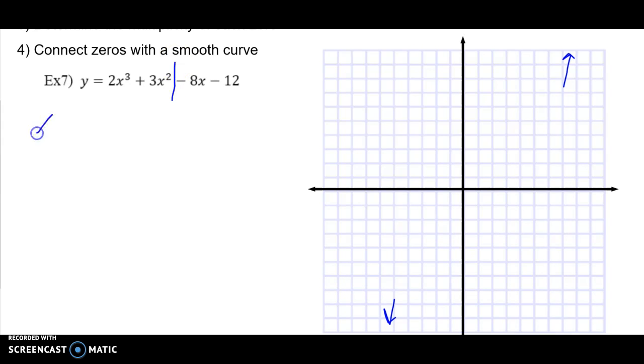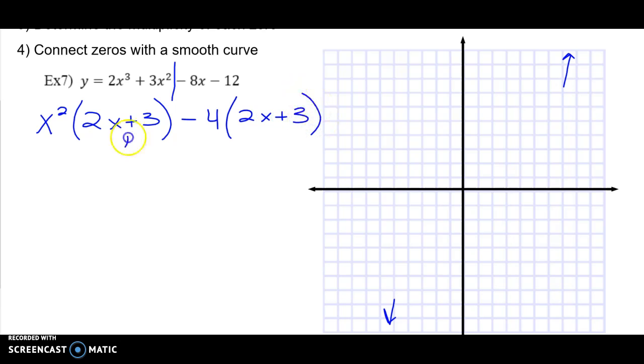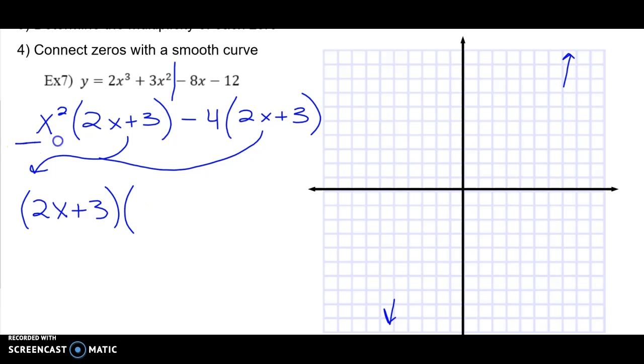X squared, which leaves behind 2x plus 3. What's the GCF of the second half? Negative 4, which leaves behind 2x plus 3. That's the next step of grouping. That repeated factor comes out front as a GCF, like a GCF of the GCF. And what's in between? x plus x squared minus 1.